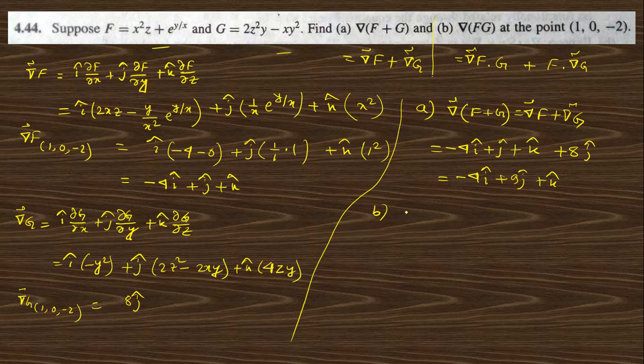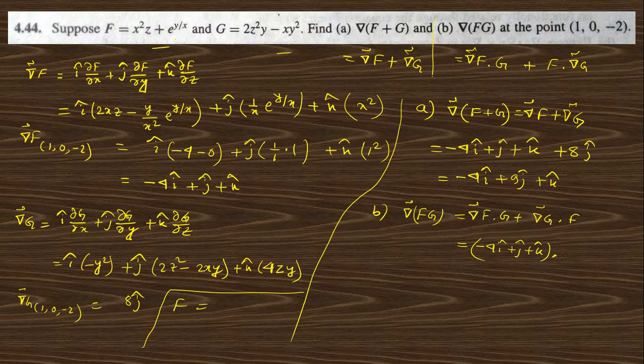For B, gradient of fg is nothing but gradient of f into g plus gradient of g into f, right? So gradient of f, you know, is -4 i cap plus j cap plus k cap. What is the value of g? So we need to find out g at that point.